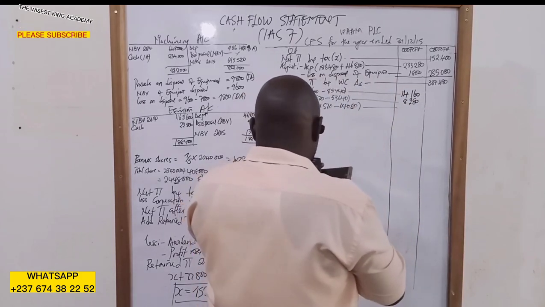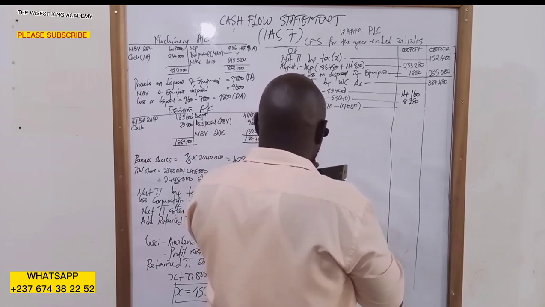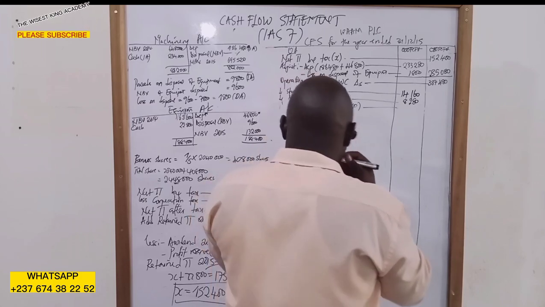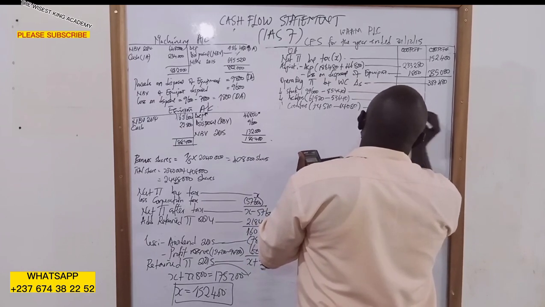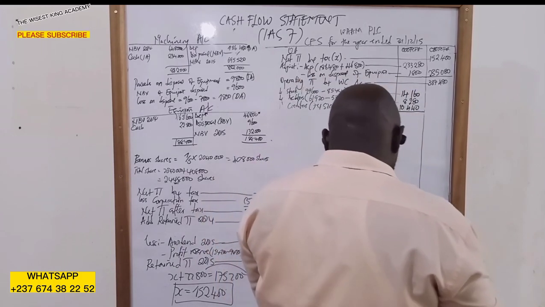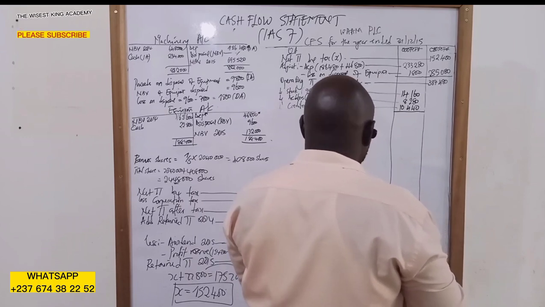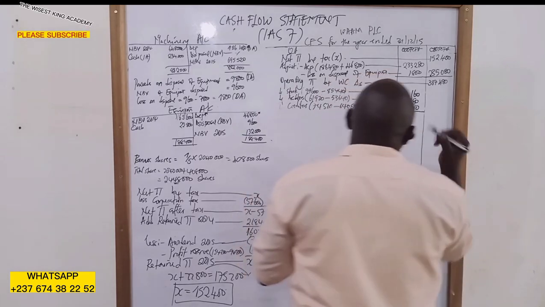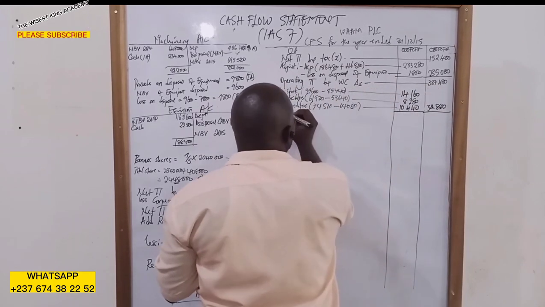And lastly, 74,520 minus 64,080, which is 10,440. We add that plus 8,280 plus 14,160. It's going to give us a total of 32,880.